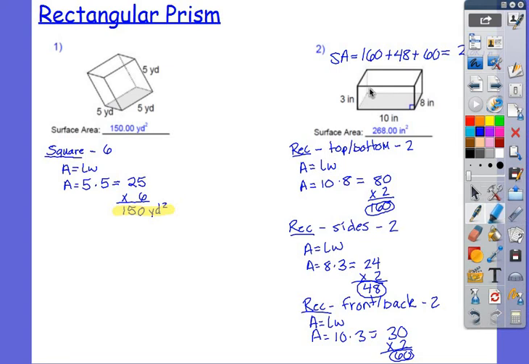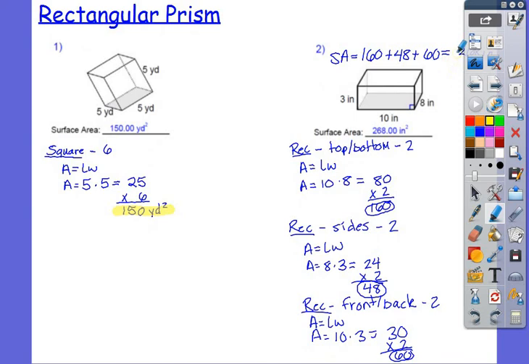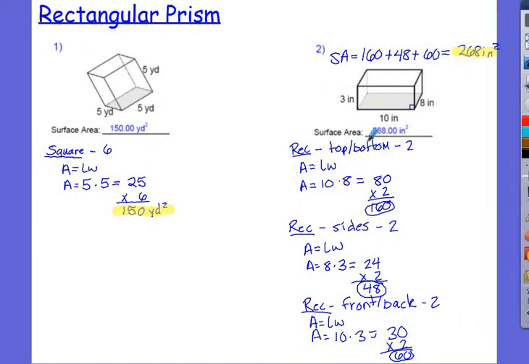Now I finally gave the surface area, so I can highlight that, and I found the surface area of that rectangular prism.